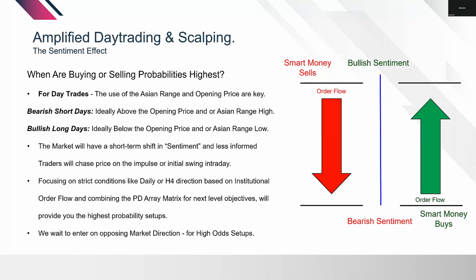If you're going to scalp or day trade, knowing the Asian range and the opening price for the day is very important. If market is bearish, ideally above the opening price and or Asian range high, that's where you have to look for selling opportunities.